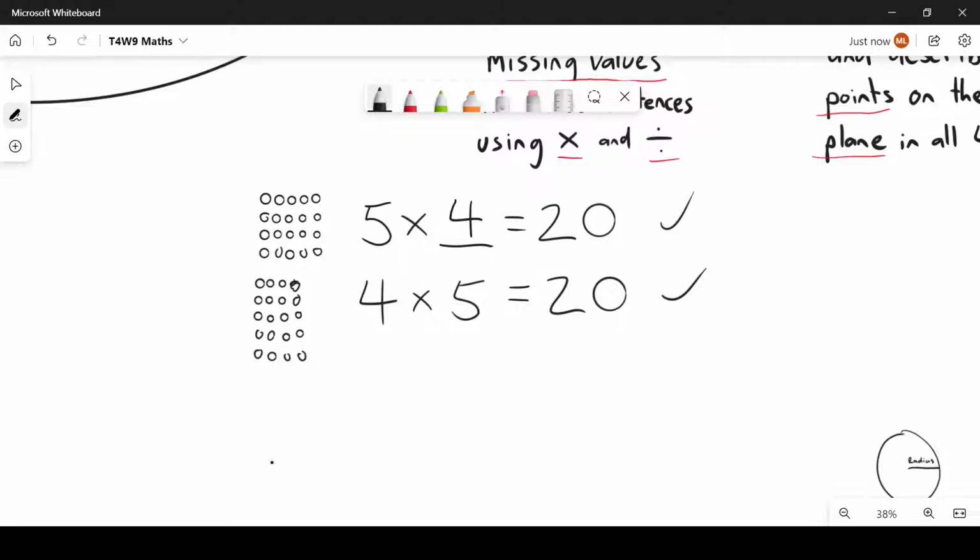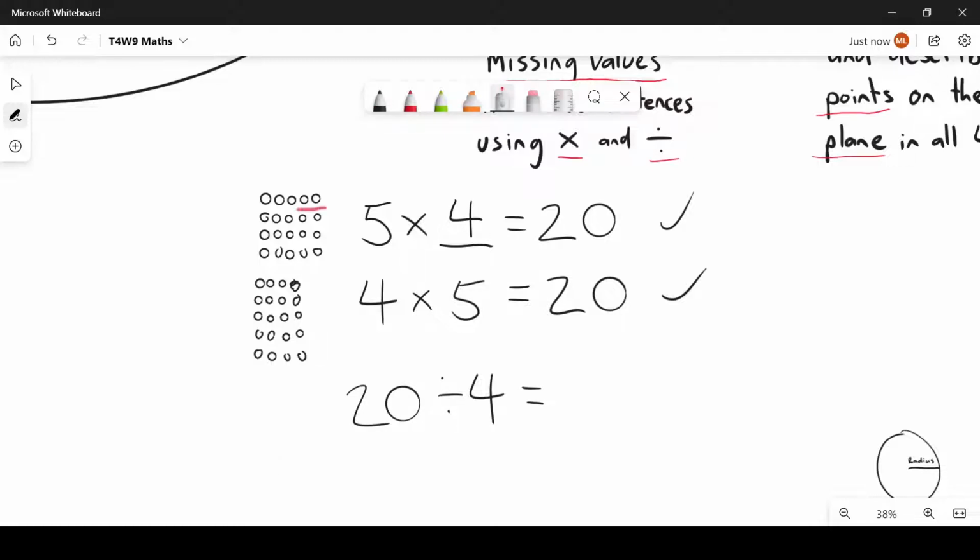Now with divide, division is like the opposite of times. So if I was going to make this one here, I could go 5, 10, 15, 20. If I start with 20 and I want to share it out with 4 people, how many would each of them have?